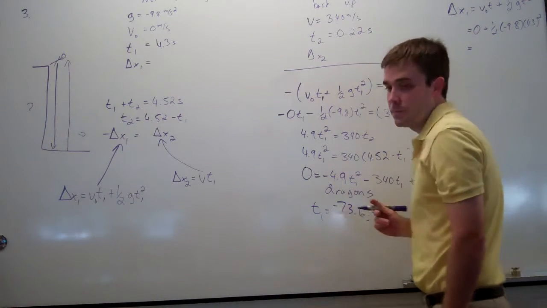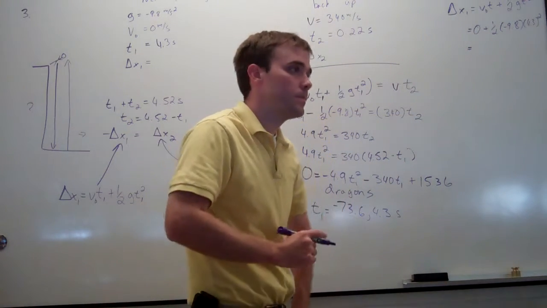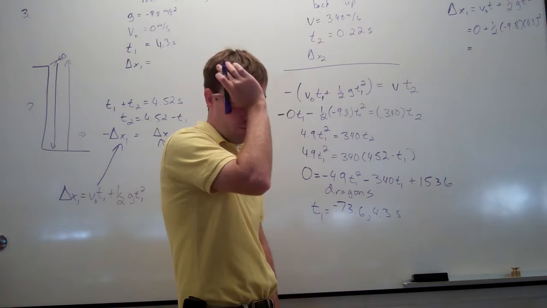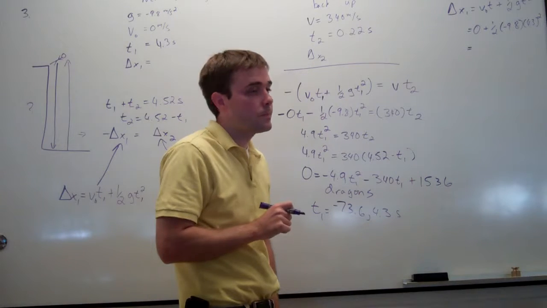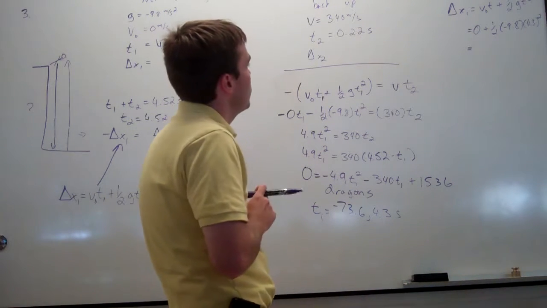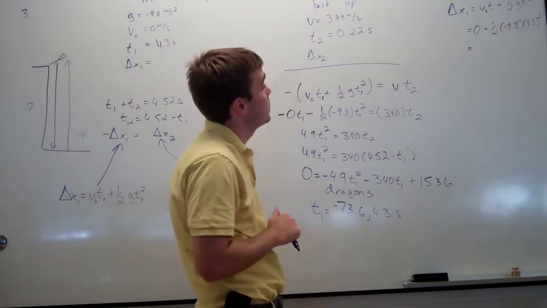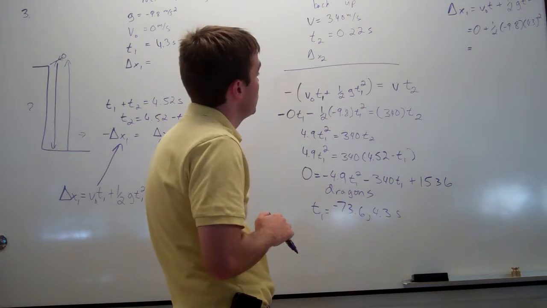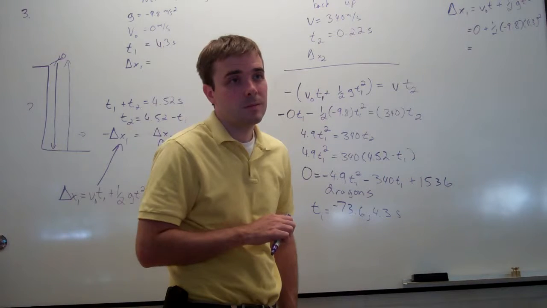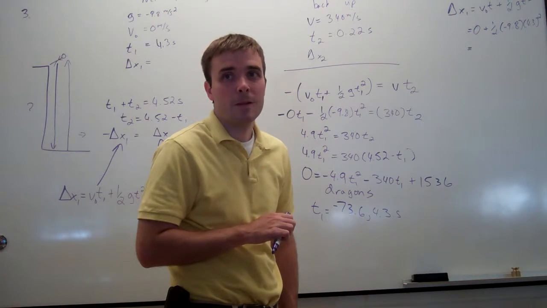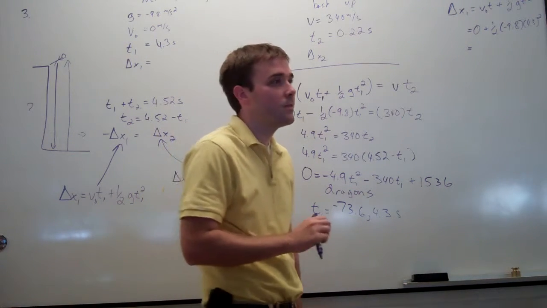And what does that equal? Should be about 80 something, maybe 70 something. Negative 90.6.